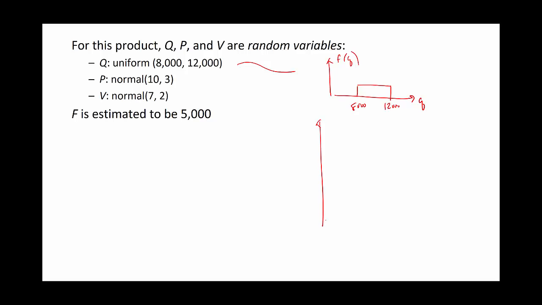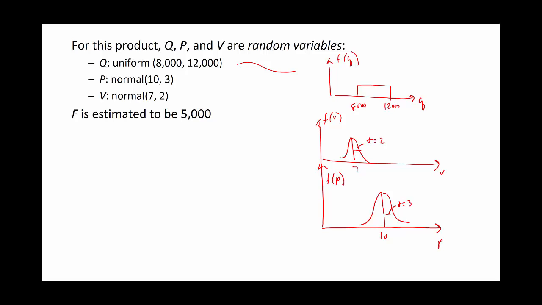So we have the variable cost at 7 and normally distributed with a standard deviation of 2. This is variable cost, and this is F of variable cost. And for the price, 10, standard deviation of 3. This is P, and this is F of P.